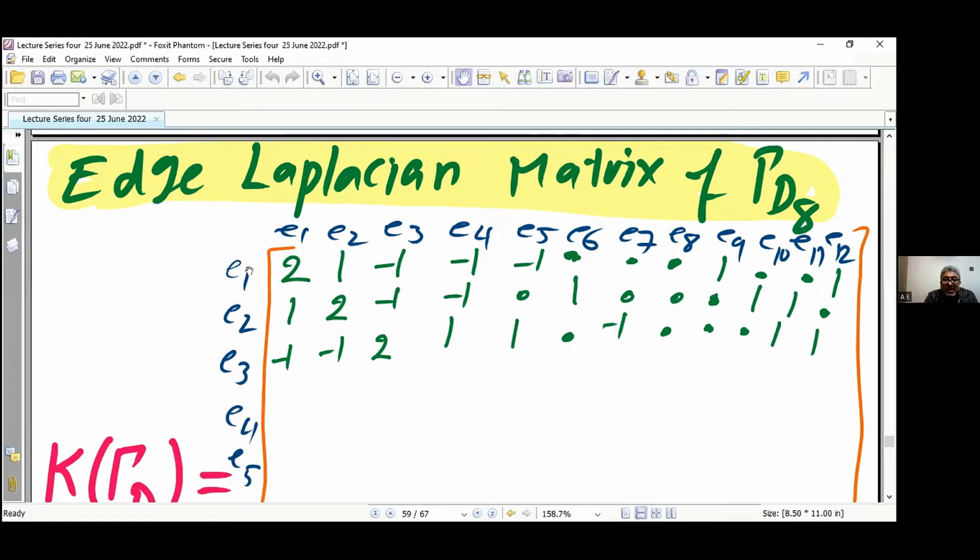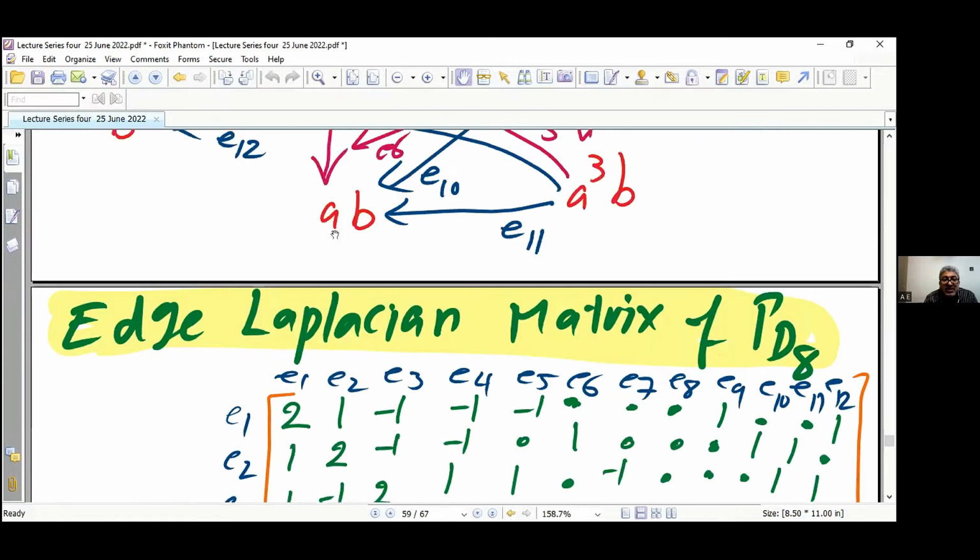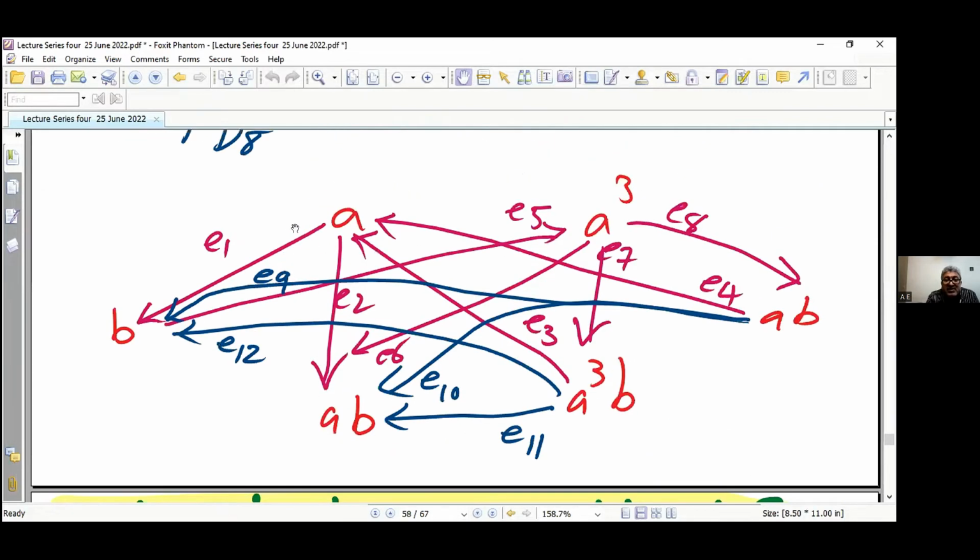So E1 and E1 is 2. Now look at E1 and E2. E1 is from A to B, and E2 is from A to AB. So E1 and E2 both are going out from the intersection point A. So we have to put 1.